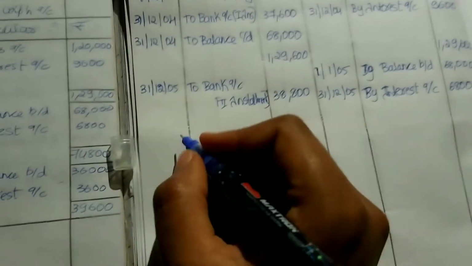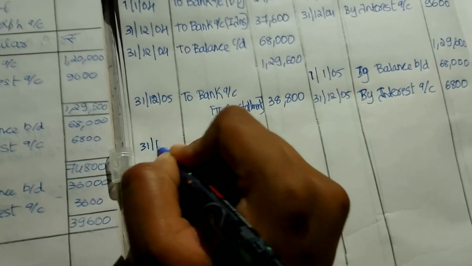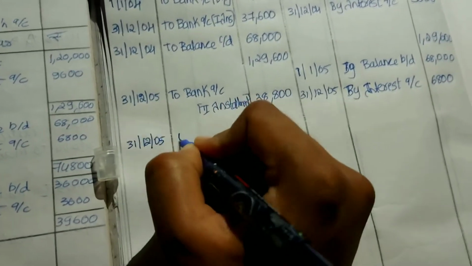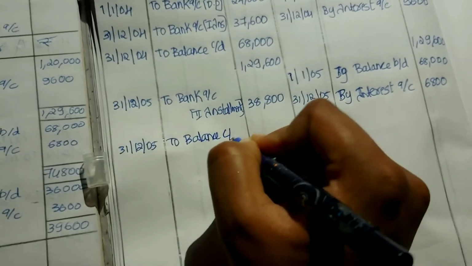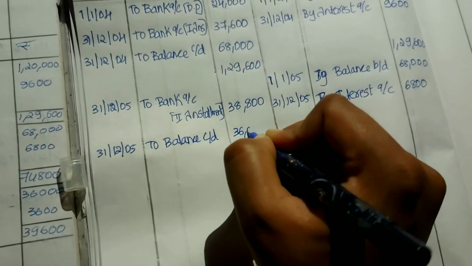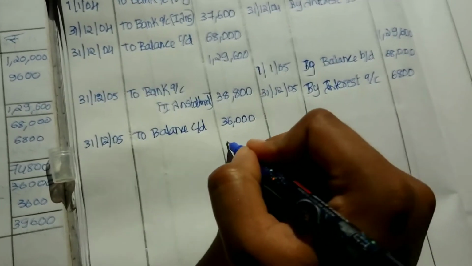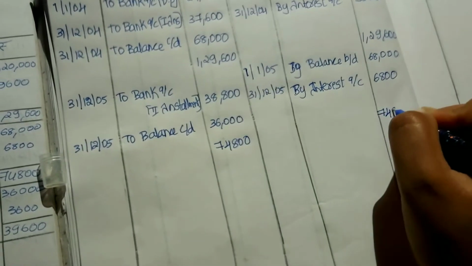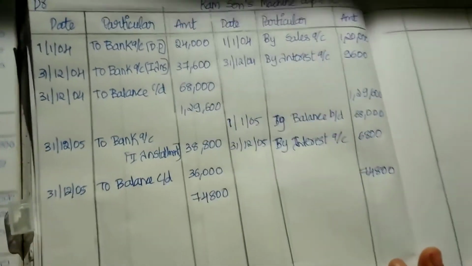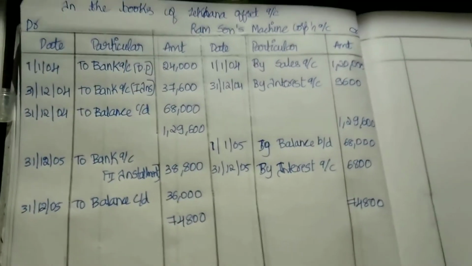To balance it, we have to balance it by balance carried down, 36,000. You have to tally the account, 74,800. So the second year installment is also paid.